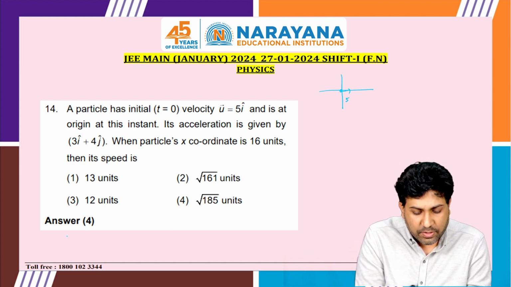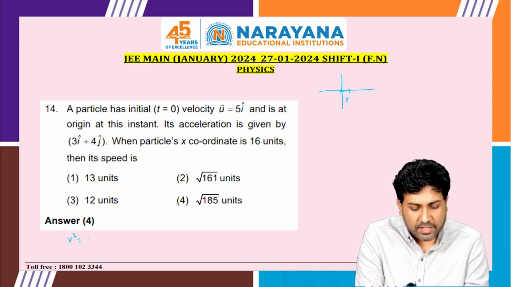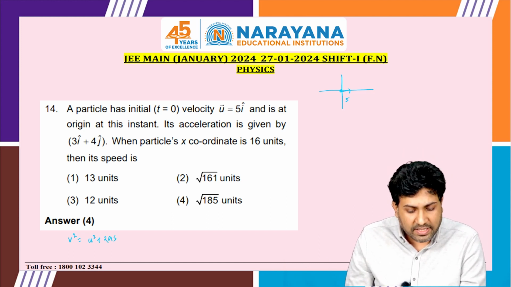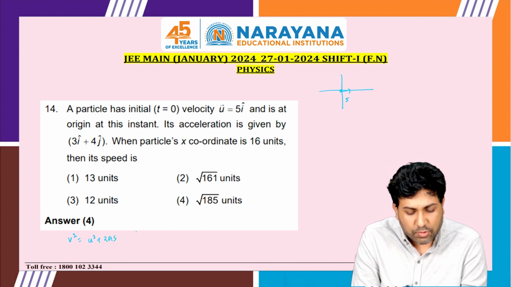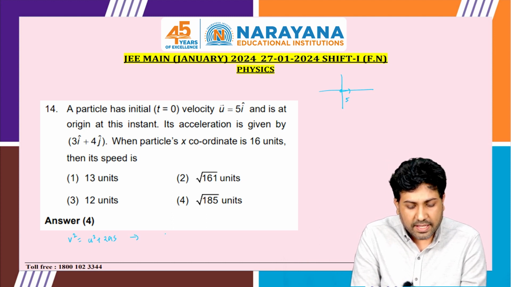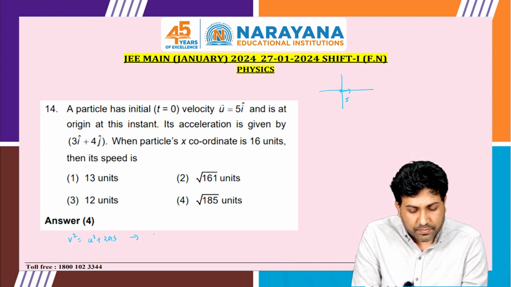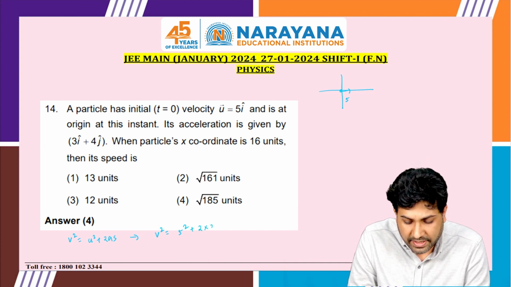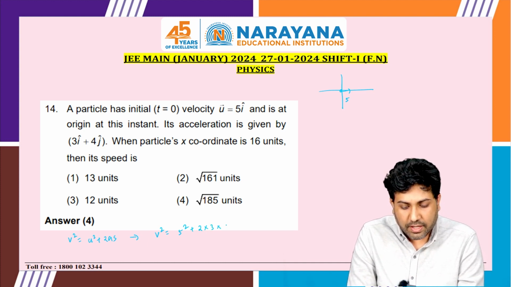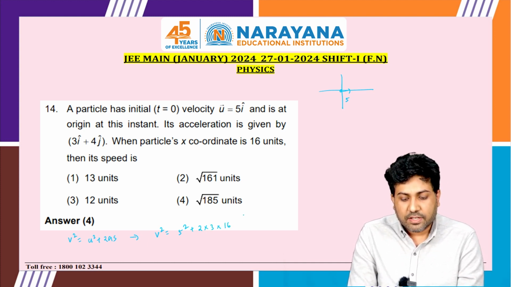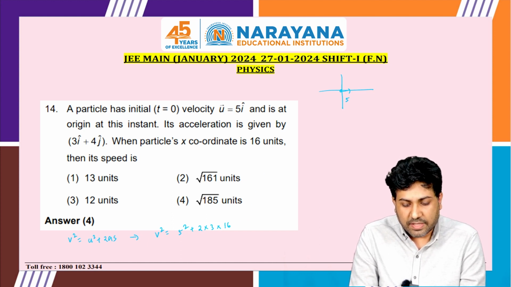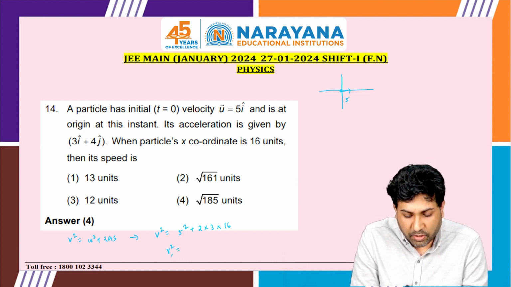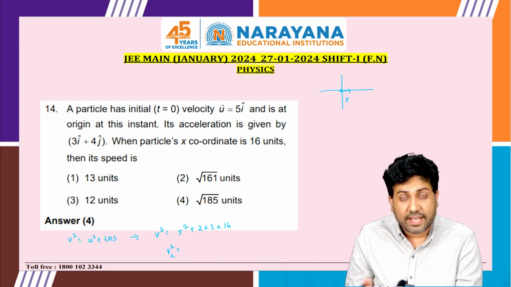So I can use in the x direction v square equals u square plus 2as. So at this instant, v square is equal to u square plus 2as. If I use it, then v square equals initial velocity is 5, 2 into acceleration is 3 in the x direction into the displacement is 16. So how much will I get? This is vx actually, only in the x direction.